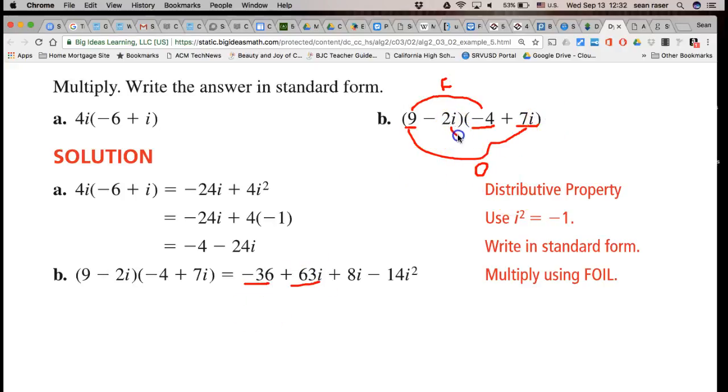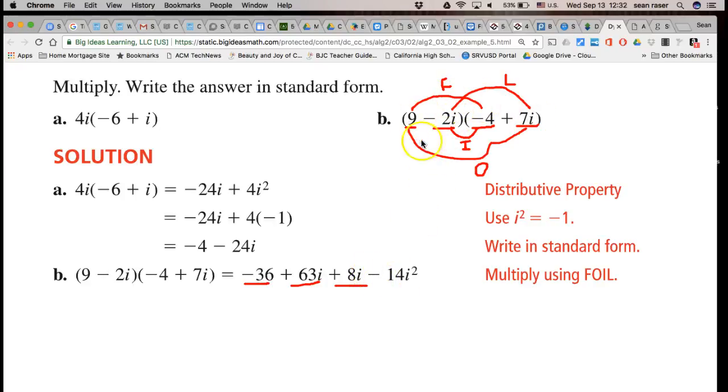I, inner, so we take -2i and -4, multiply them together to get 8i. That's the I in FOIL. And then last means the last term of each binomial. So here we take -2i and positive 7i and multiply them together. So we get -14i squared.